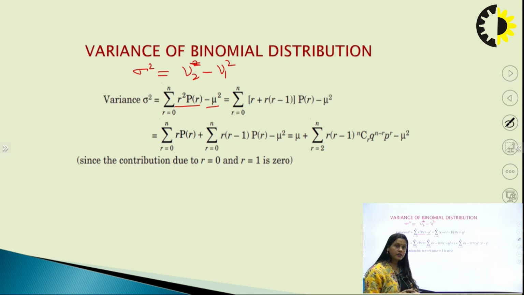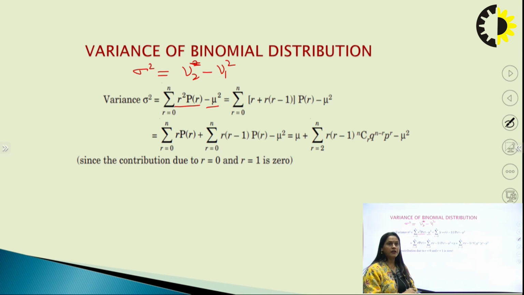And if it says first find the moment generating function and then find its mean and variance, then also you can use the same formula. Finding the mean and variance using the moment generating function is a better option for us.